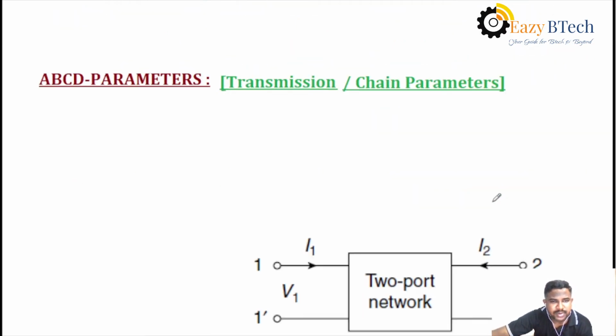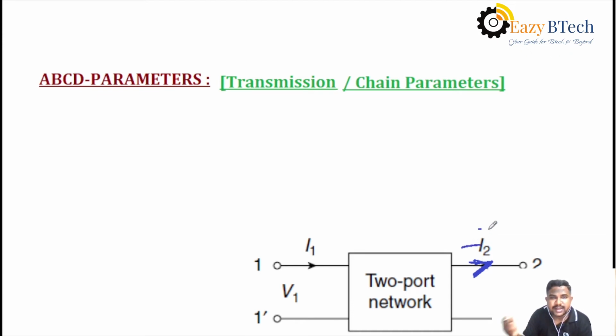Then what are the third parameters? That is ABCD parameters. These parameters are very important. These must be calculated in transmission line problems. Then what are the standard equations of the ABCD parameters? That means in ABCD parameters, the second current will be in reverse direction, that is, the value becomes minus I2.